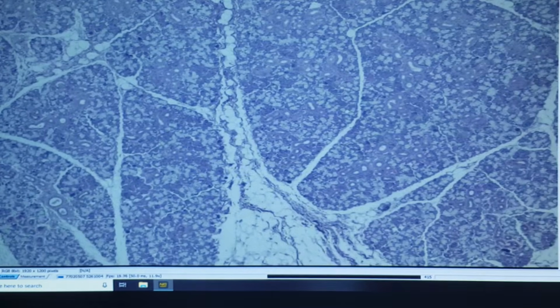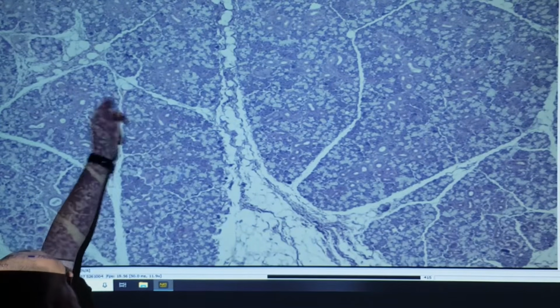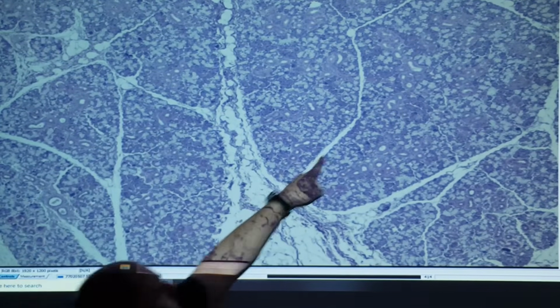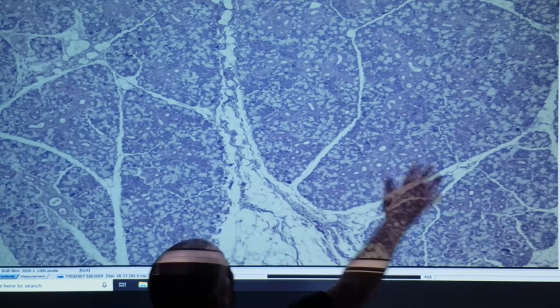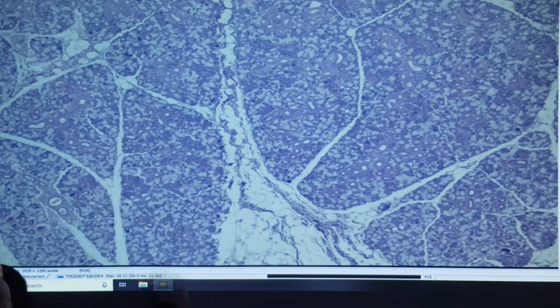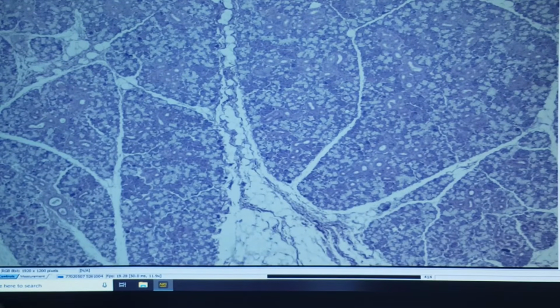And that's the only thing I can ask you from this slide. Name this organ, salivary gland. Okay, here's just more of the same. Again, I see these salivary ducts. Some of them cut in cross-section, most of them in this longitudinal section, which allows me to see the river-like look of this thing. This is a salivary gland.